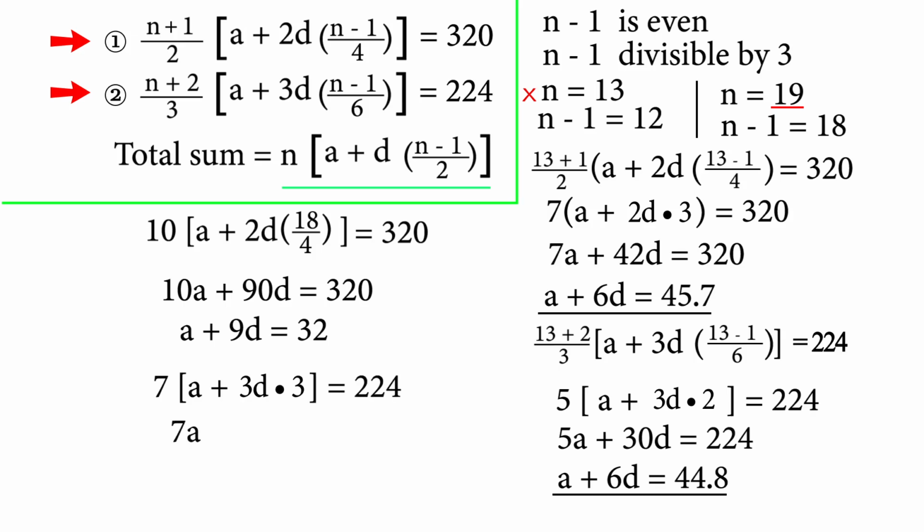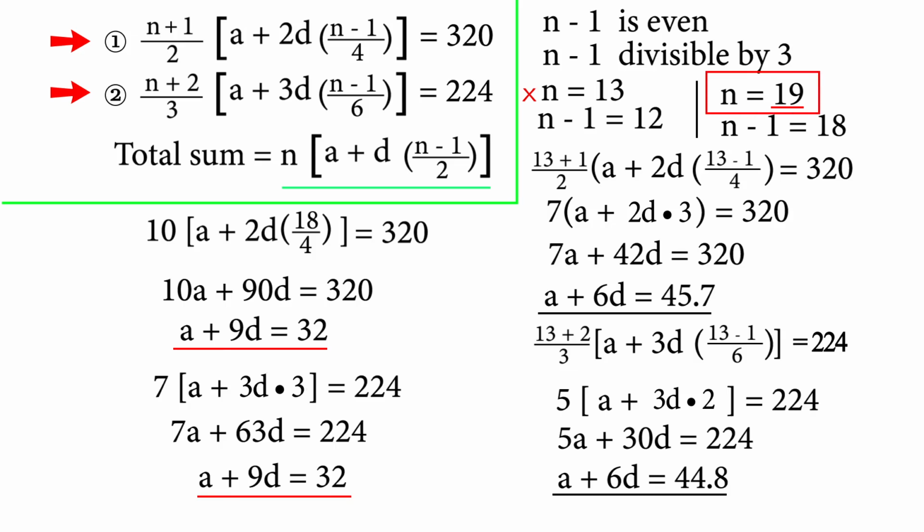This looks like 7a plus 63d is equal to 224. Divide through by 7, you get a plus 9d is equal to 32. All right, perfect. We got it. Both of those match. So n is indeed 19. Great. Now I can use that to figure out my total sum.